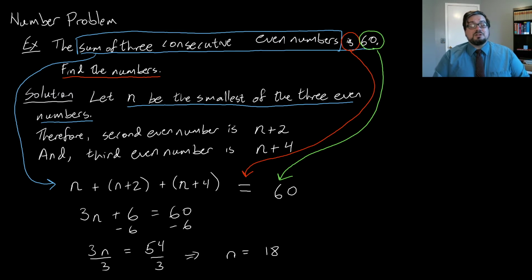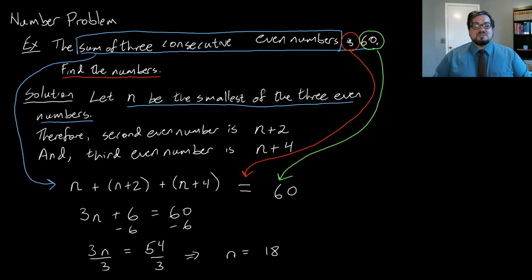So this means that it would not be correct for us to respond with 18 as our answer, because the problem's asking for all three of those consecutive even numbers.